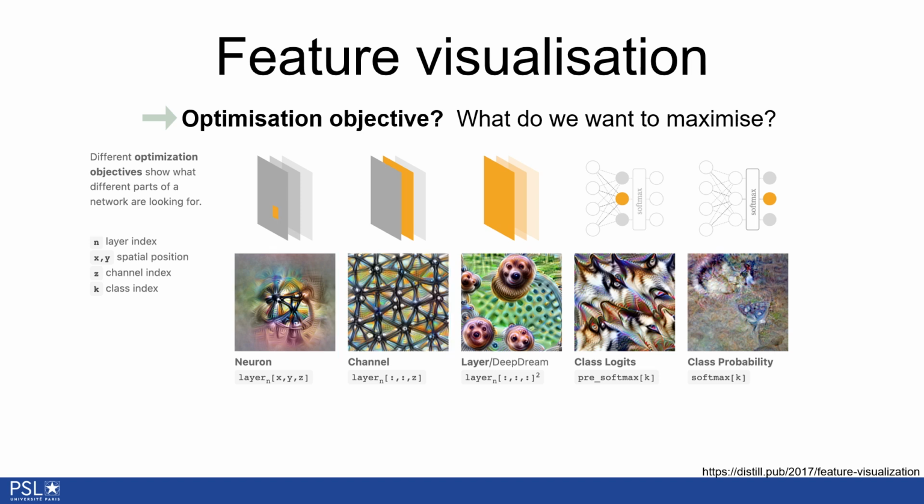Each convolutional layer is formed of a set of channels, so we could optimize the activation of a full layer, but this generates images that are a little bit harder to interpret. Finally, remember that the last two layers in the network are not convolutional. They are similar to a logistic regression. They compute class logits and class probabilities, so maximizing the activity of neurons in these final layers will give us information on what stimuli features maximize the classification in different classes.